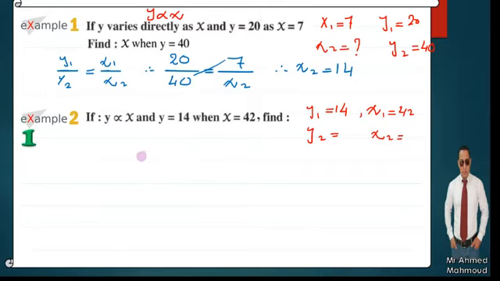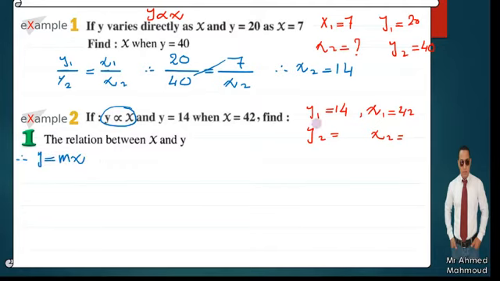The first requirement is to find the relation between x and y. This is the rule: y varies as x, therefore y equals mx. Using y1 equals 14 and x1 equals 42, therefore 14 equals m times 42.